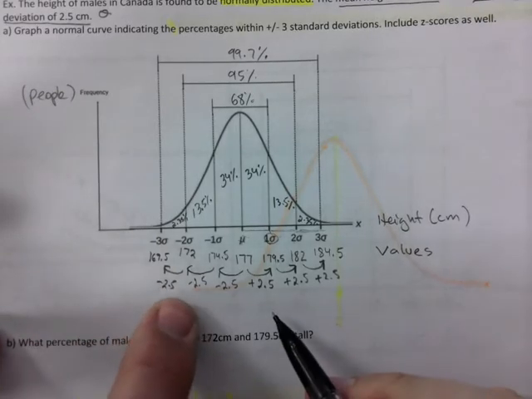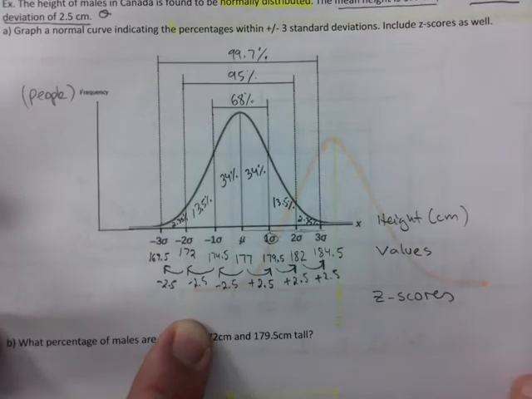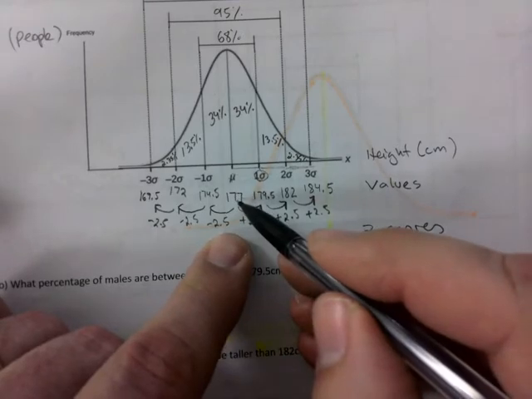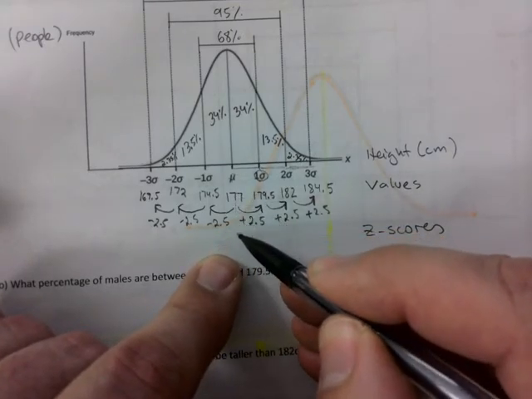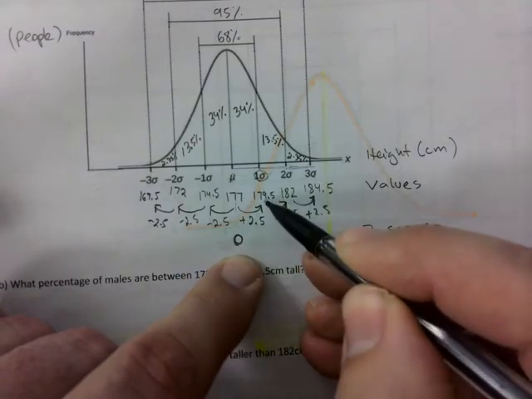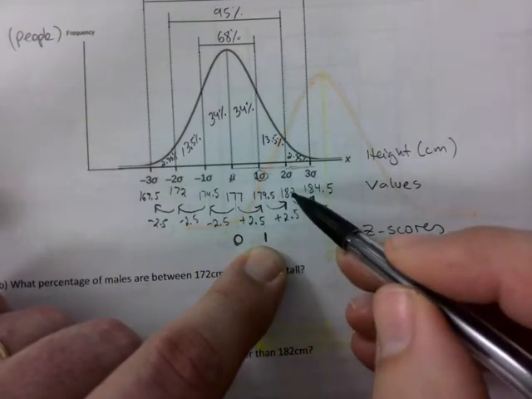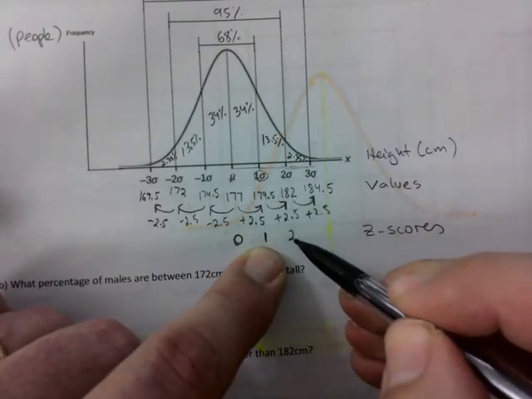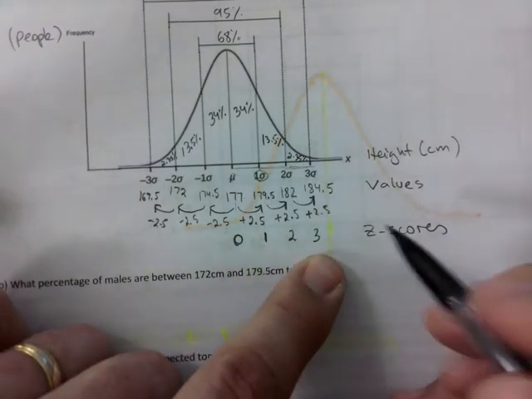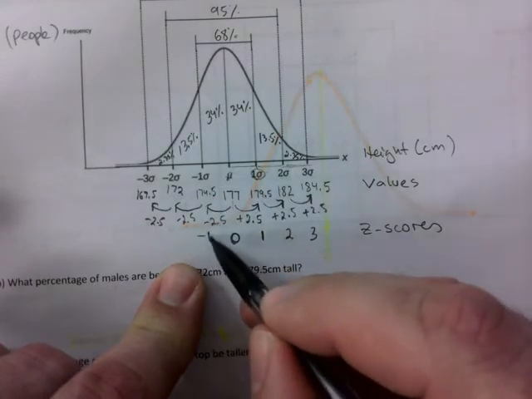Okay. So the z-scores. Every single value has a z-score, and in the middle, the average has a z-score of 0. 179.5 has a z-score of 1, positive. 182 has a z-score of 2, positive, and so forth. We only go up to 3. Let's go to the left. This value right here has a z-score of -1.